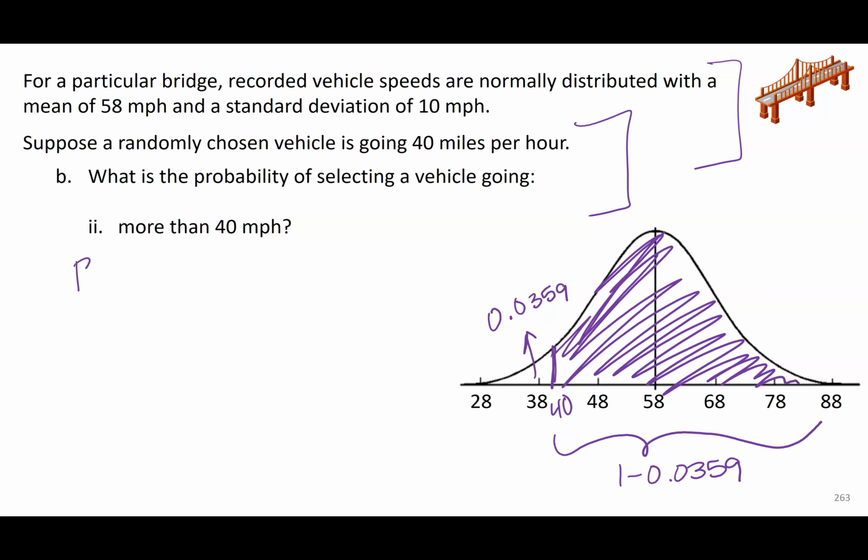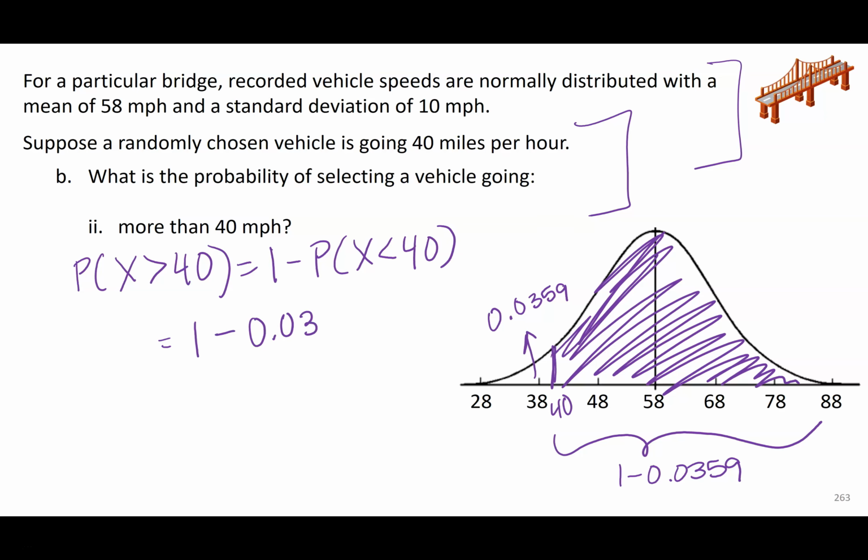So probability that x is going faster than 40, that's just going to be 1 minus the probability it's going slower than it. So 1 minus 0.0359.